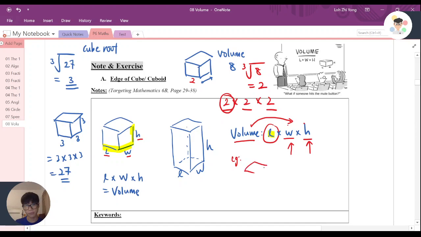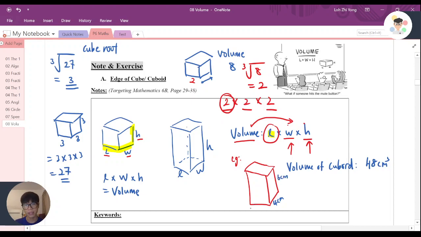Now, there's a cuboid here. I tell you that the volume of this cuboid is 48 cm cube. And I tell you that here is 4 cm, and here is 6 cm.